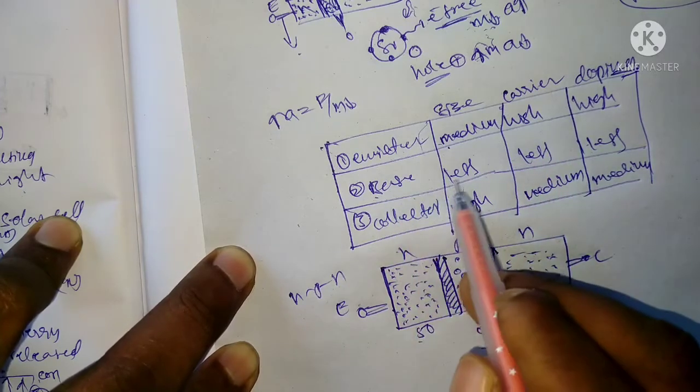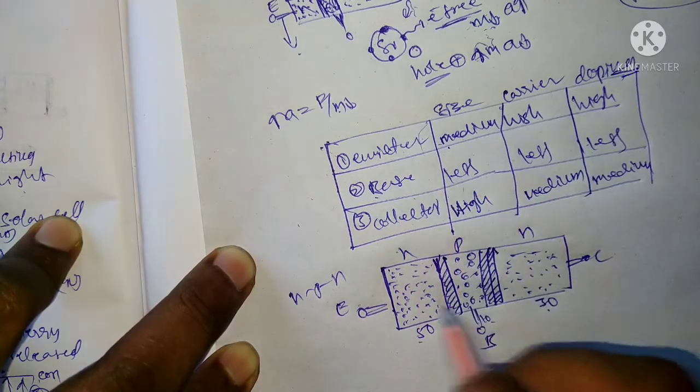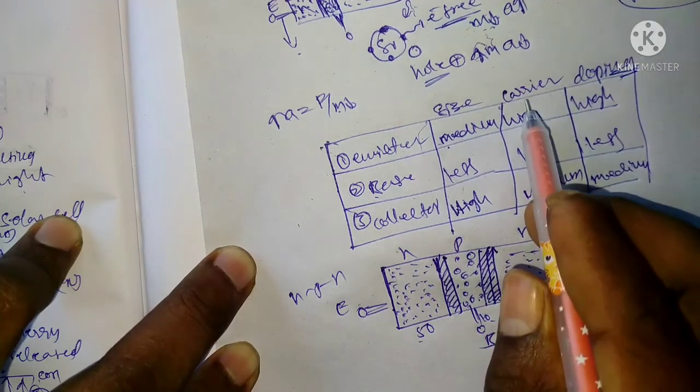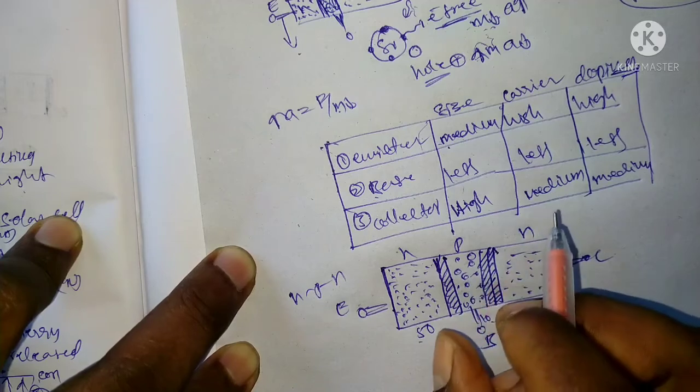In the case of the base, the size is less compared to emitter and collector, and the carrier concentration is also less.